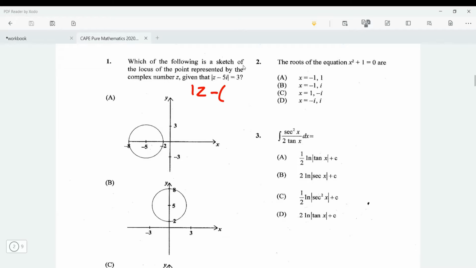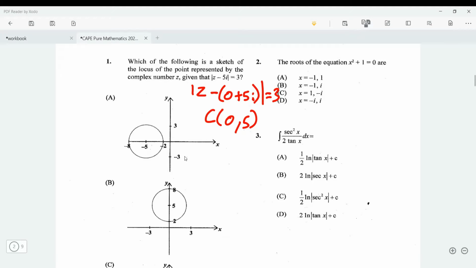Notice there's no real number here, so it's really 0 plus 5i close bracket, the modulus of that equal to 3. So that means that the center of the circle is (0, 5). The real number is 0, the imaginary number is 5, and it has a radius of 3.